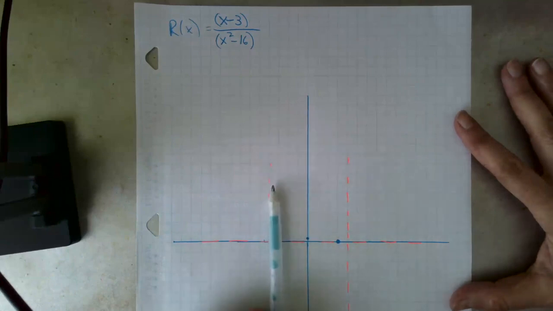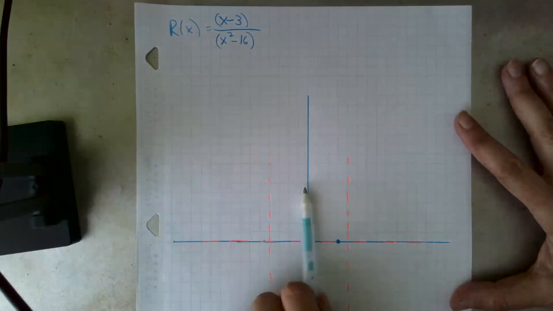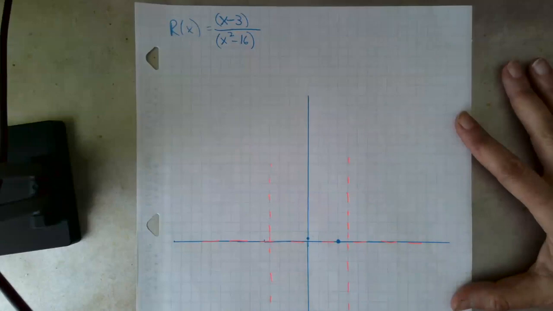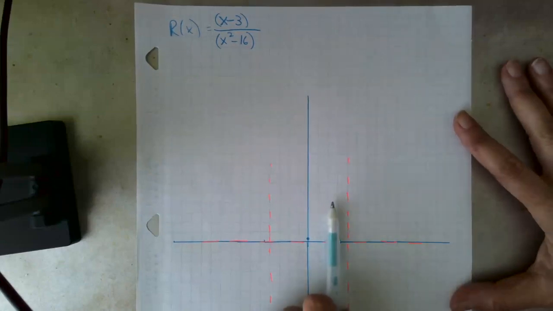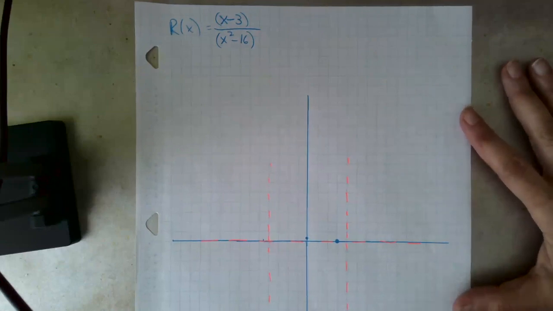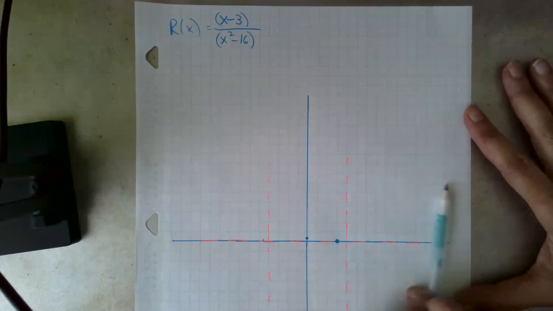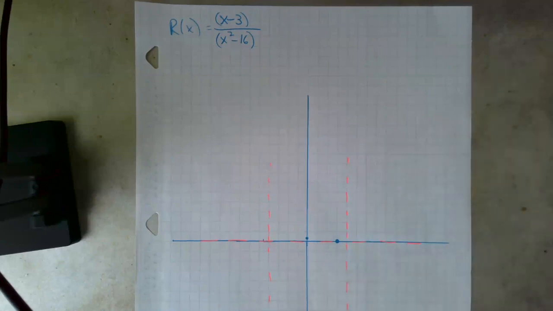We have a second interval from -4 to our y-intercept, so 0. We have an interval from 0 over to our x-intercept at 3. We have an interval from 3 to our next asymptote, +4, and then an interval from +4 to infinity.